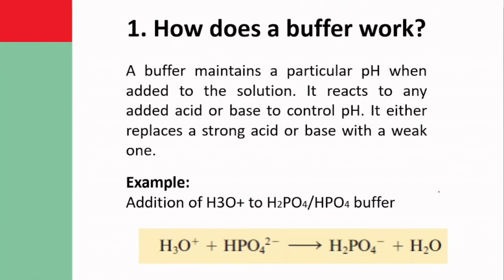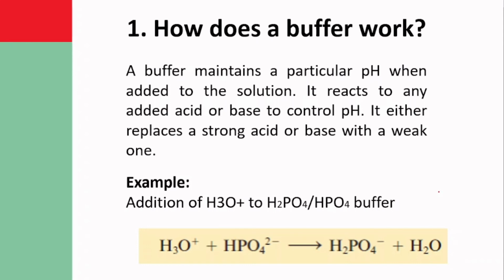Question number 1 would have to be, how does a buffer work? A buffer maintains a particular pH when added to the solution. It reacts to any added acid or base to control your pH. It either replaces a strong acid or base with a weak one. Our example here is the addition of H3O+ to the H2PO4-/HPO4 2- buffer. Okay?